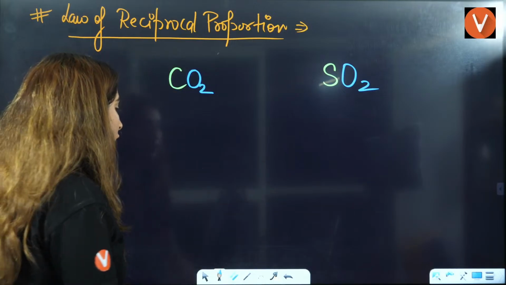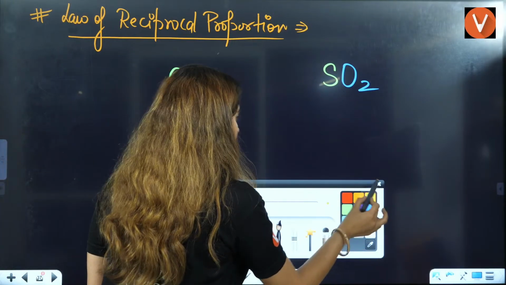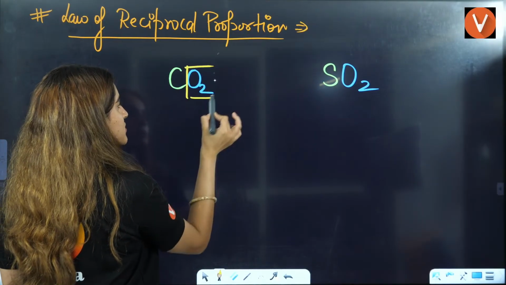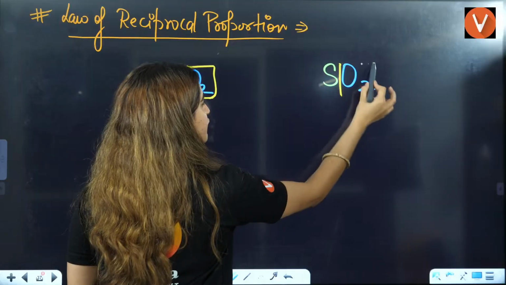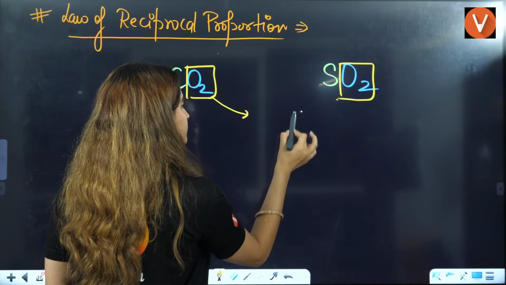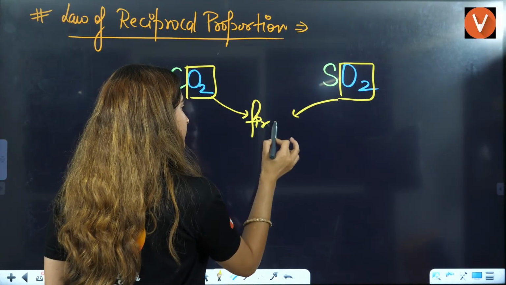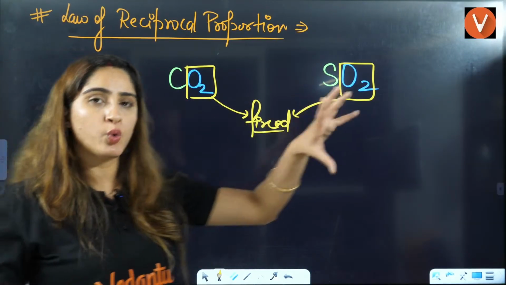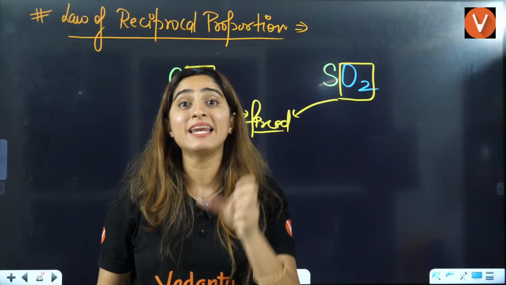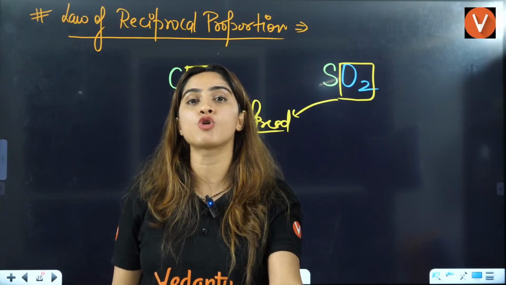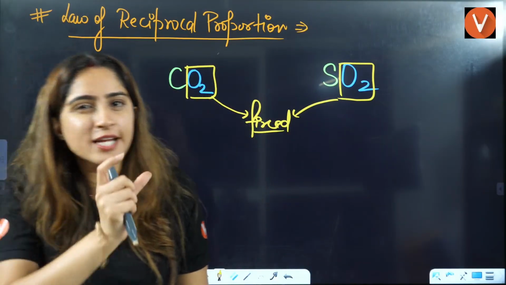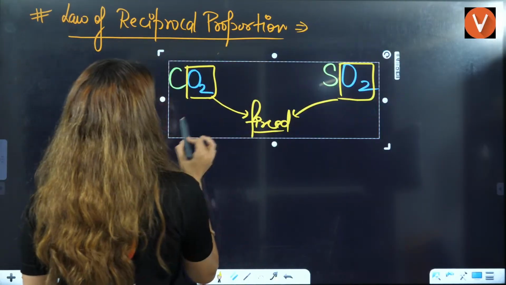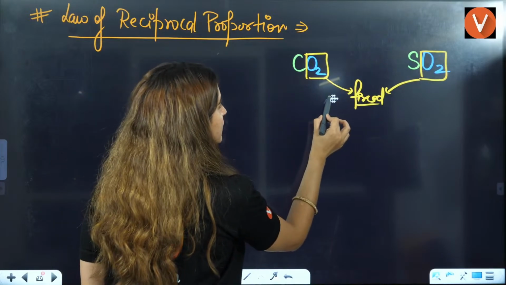Now, when we fix this and this is fixed, two elements are combining with the fixed mass of third element. Is this statement clear to everyone?